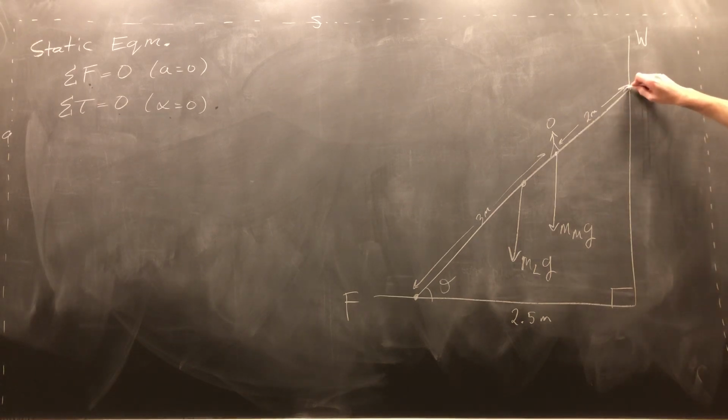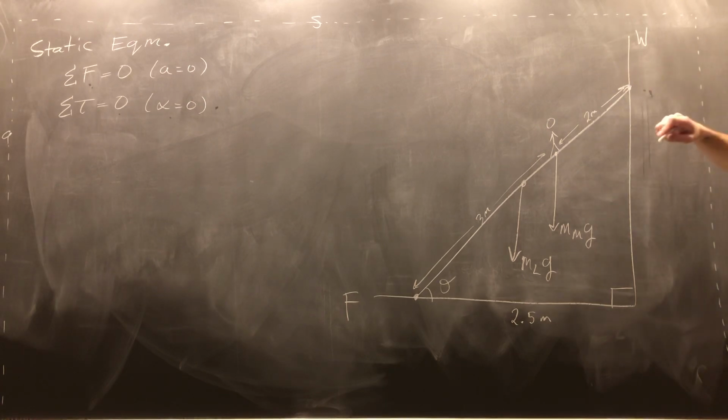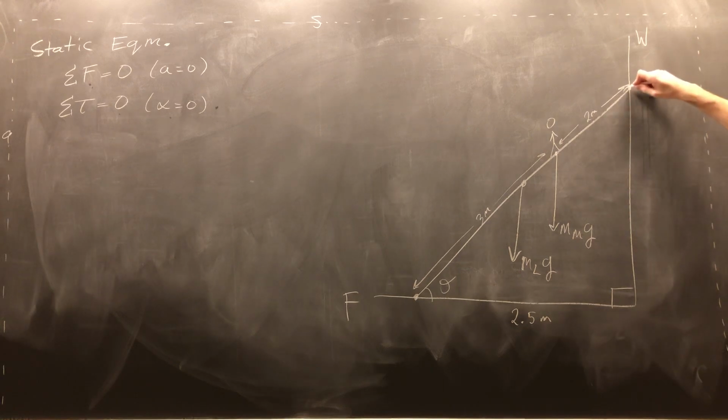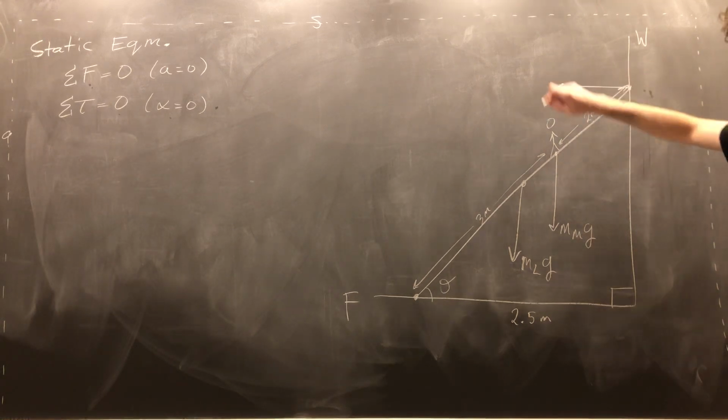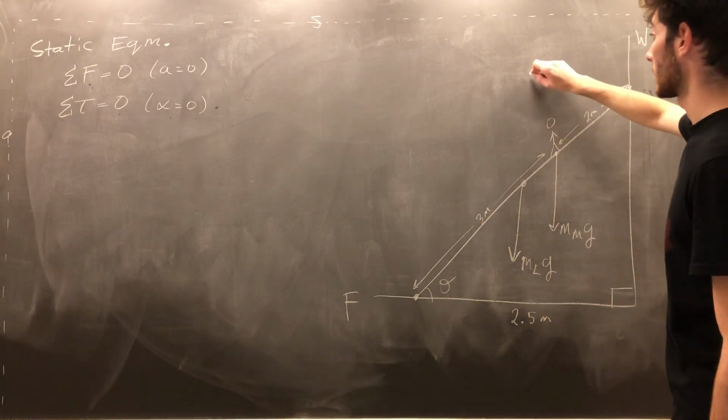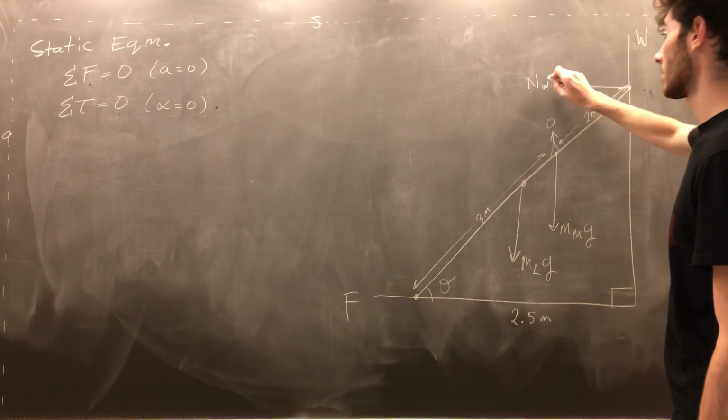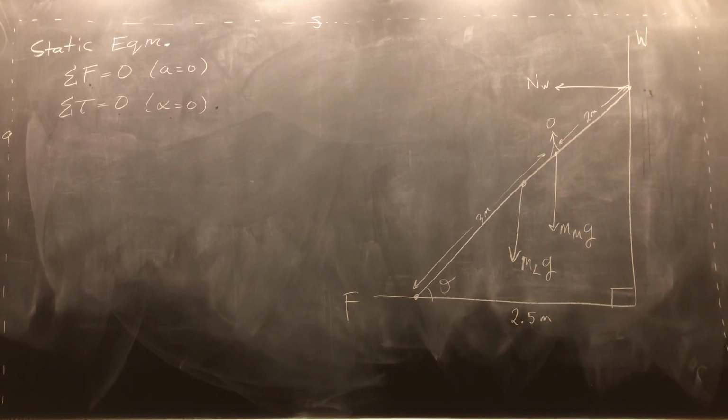Okay, so those are the easy ones. Now, we're asked to find the normal force here, and we remember that normal forces act perpendicular to the surface at which they're acting. So here, the surface is vertical, so the normal force is horizontal. I'll call that N sub W, normal force from the window.